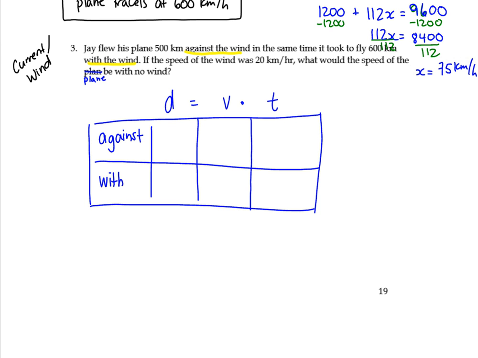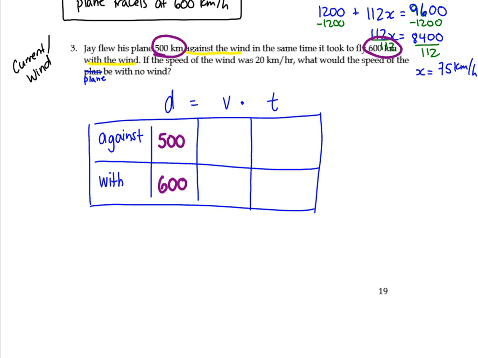So what numbers, like straight data, can we throw into this table? 500 and 600. Against the wind, he traveled 500 in the same time it took him, with the wind, to travel 600 kilometers.